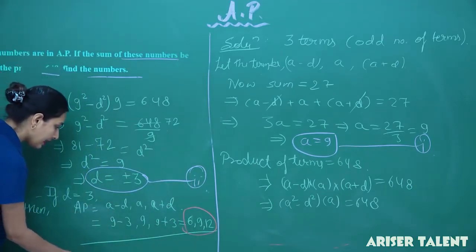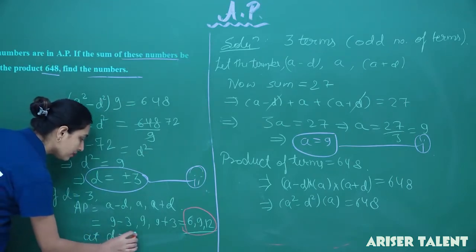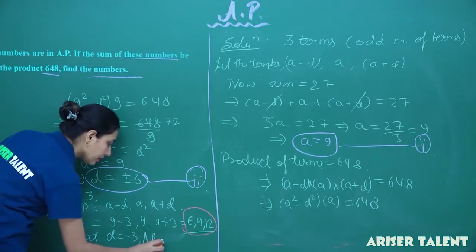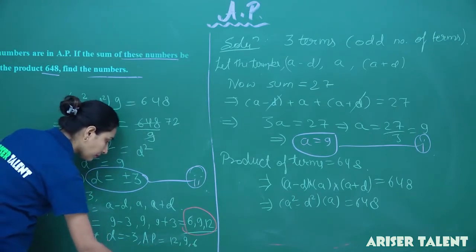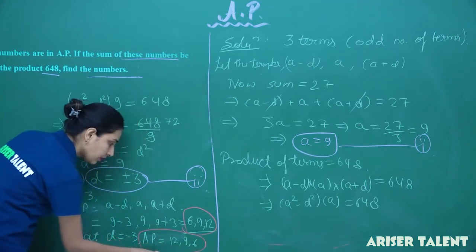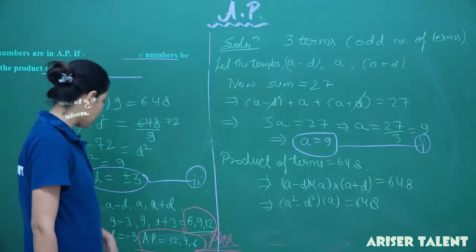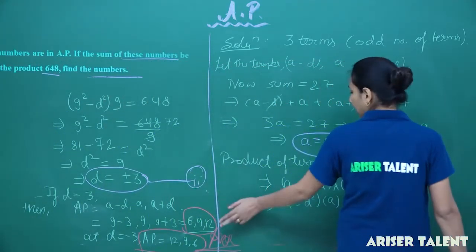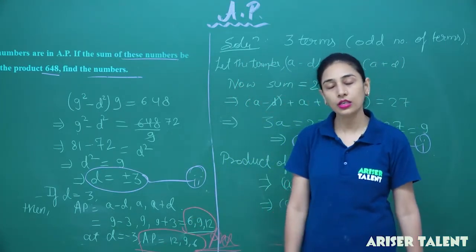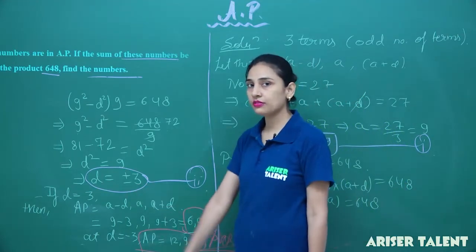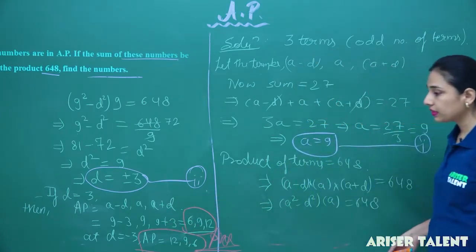So the AP will be 12, 9 and 6. So I have these two as my answers: the AP is 6, 9, 12 when D equals 3, and if D equals minus 3, it will be reversed. Note this, students, and I am going to rub this.